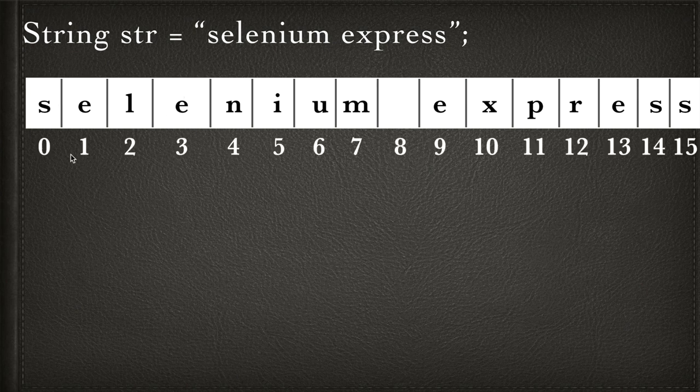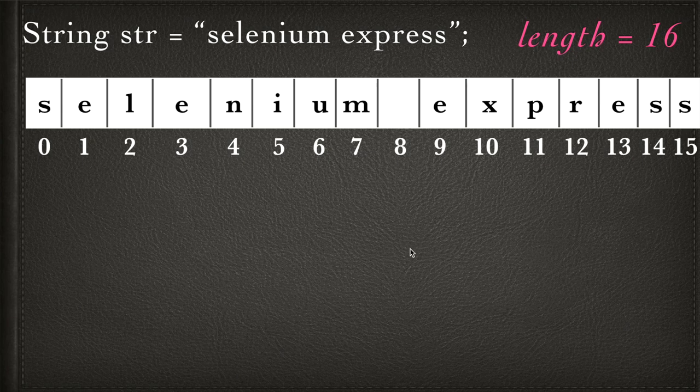The array index starts from 0, and in this case it goes up to 15, so 0 to 15 is 16 characters. The length of this particular string is 16, meaning there are 16 characters present in this entire string.